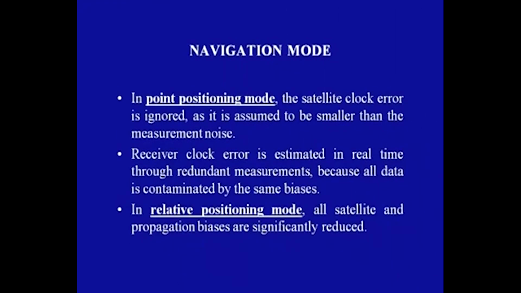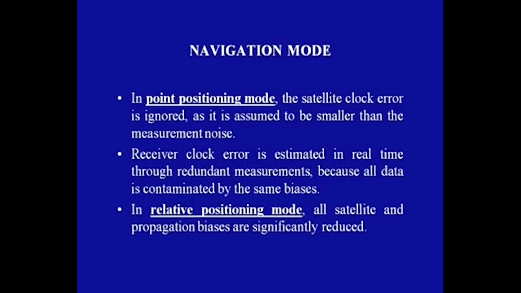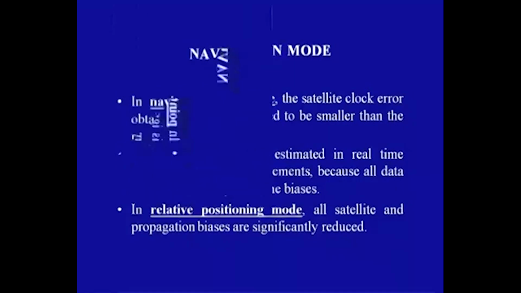In point positioning mode, the satellite clock error is ignored, as it is assumed to be smaller than the measurement noise. The receiver clock is estimated in real time through redundant measurements because all data is contaminated by the same amount of bias which is present in the observation. In relative positioning mode, all satellite and propagation biases are significantly reduced.